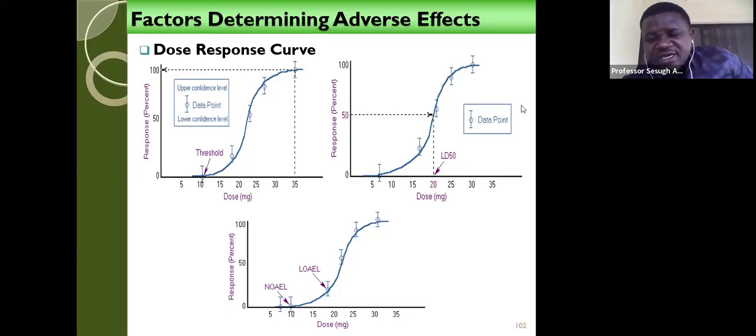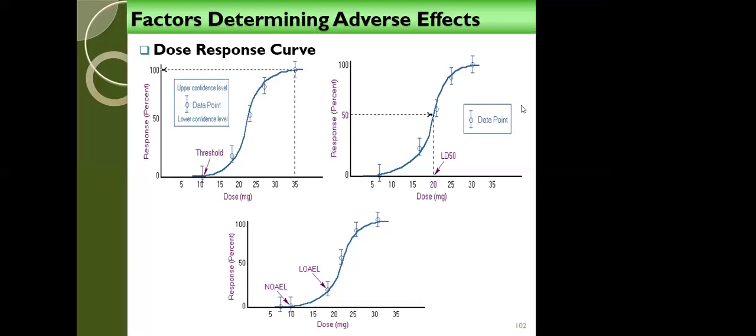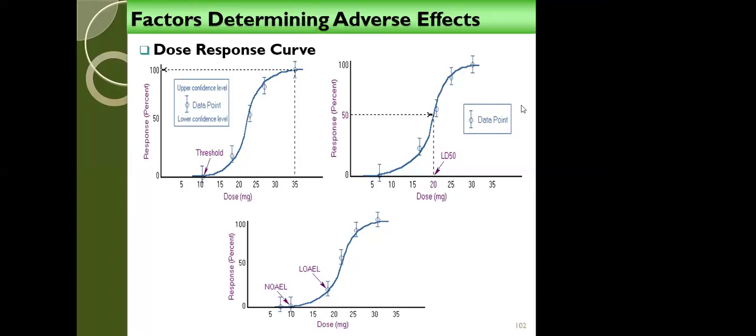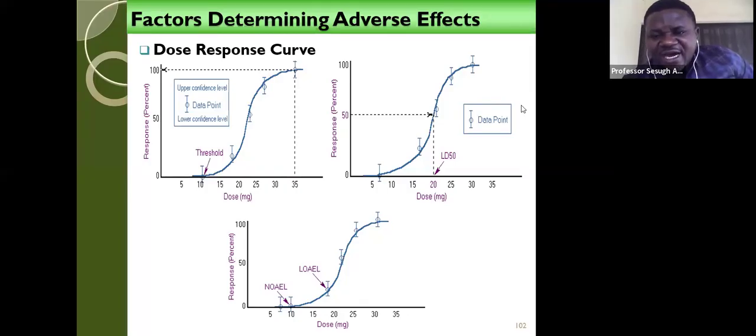So at 20 milligram dose, 50% of the population died. That's why it is called LD50. That is why you're seeing 50 there.